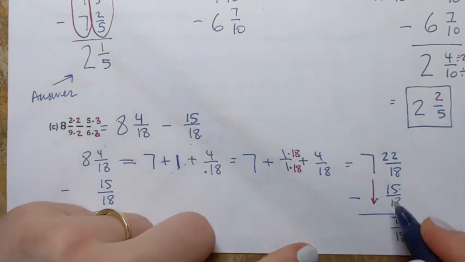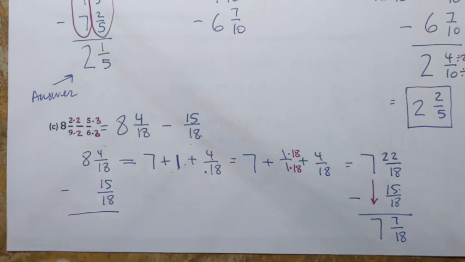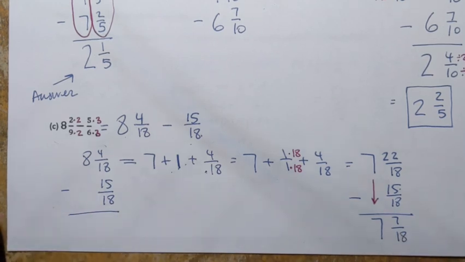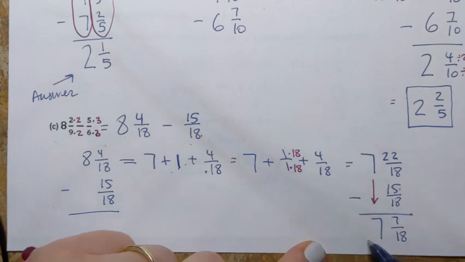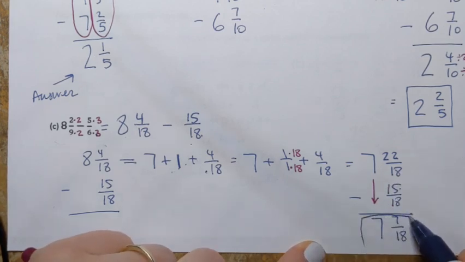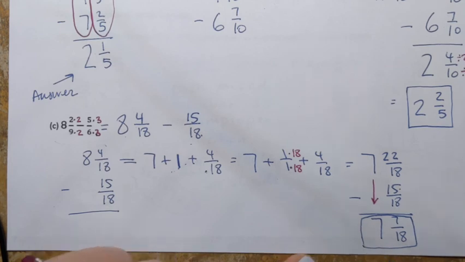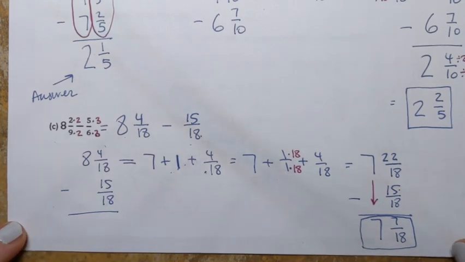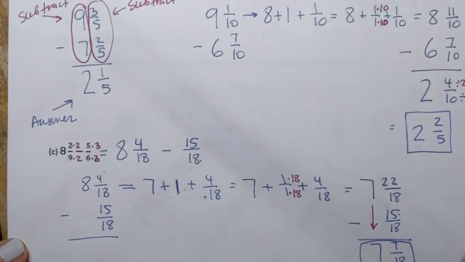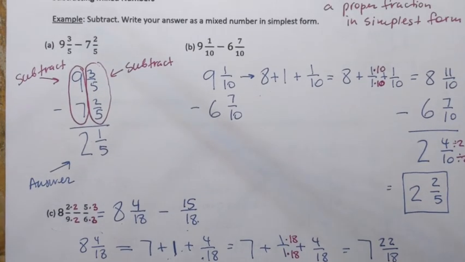So I'll just bring it down, 7. So that's what I got. Let's check if that's the final answer. So first of all, this is a proper fraction, and then it cannot be simplified any further, so that means that we're looking at the final answer. Okay, so that's the way you subtract mixed numbers. That's one of the methods to subtract mixed numbers.